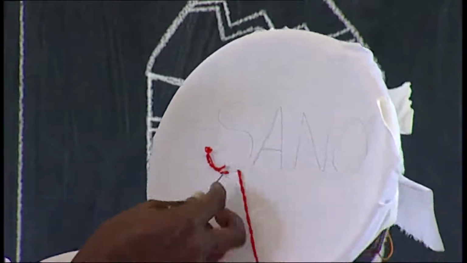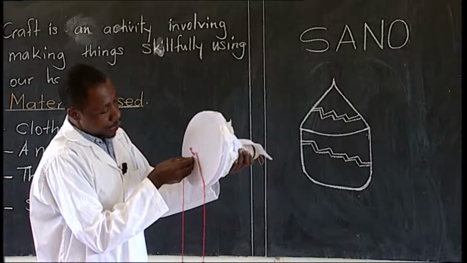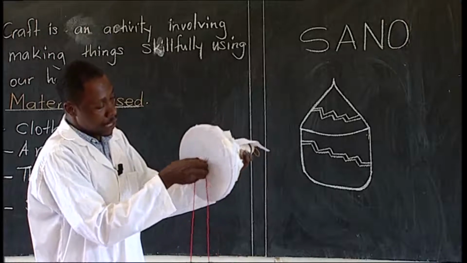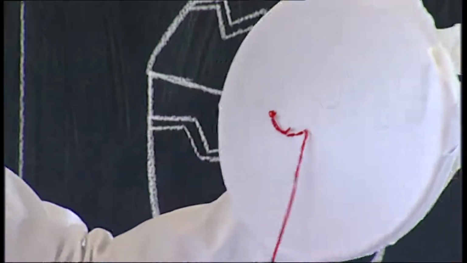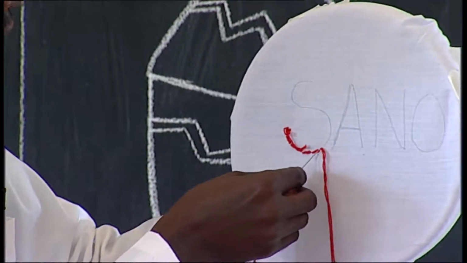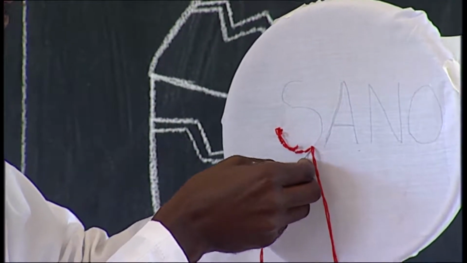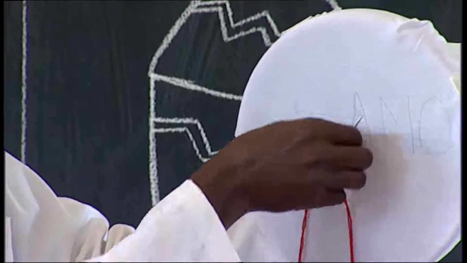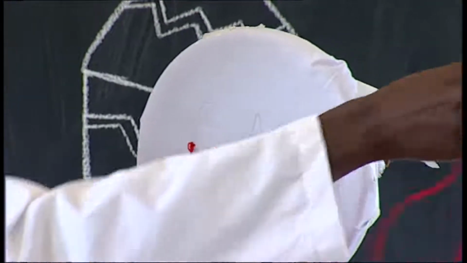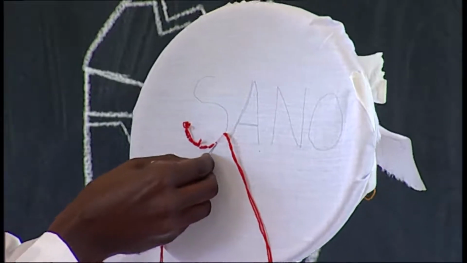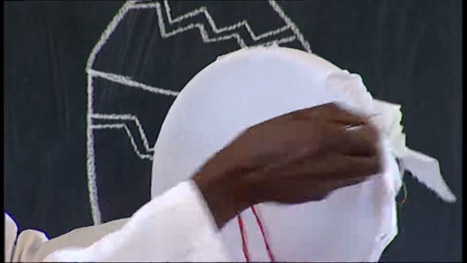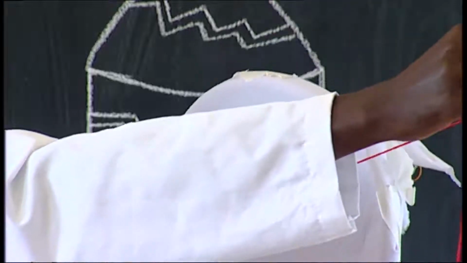Like this. So if you want, you can make your name on a t-shirt. When you buy a new sweater at school, you can use your needle and a thread to put your name. Continue.